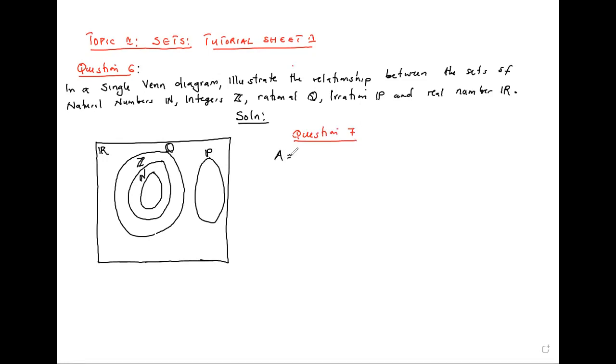Question 7, you are given the set A: -4, 1/4, -√2, 0, 0.3, 1/√3, 0.3 bar, √2, then 3.